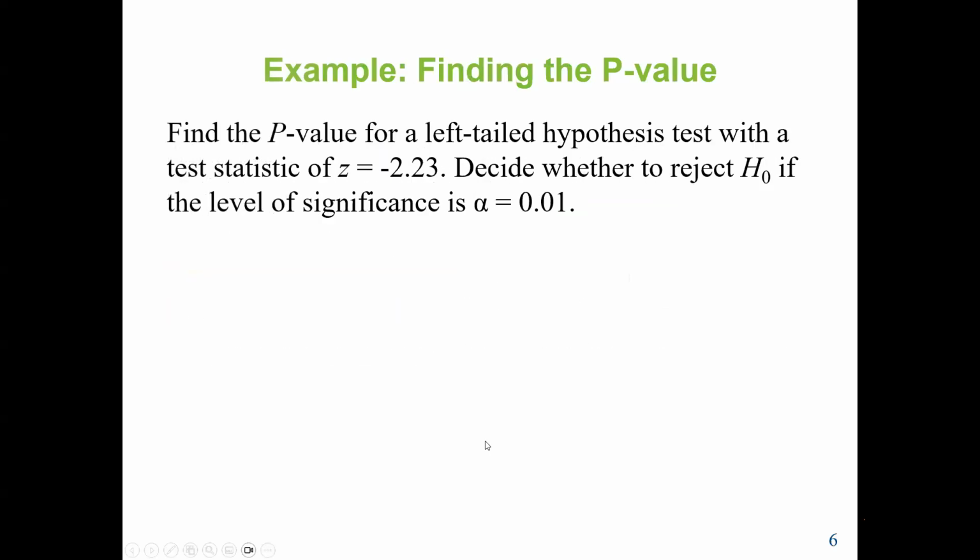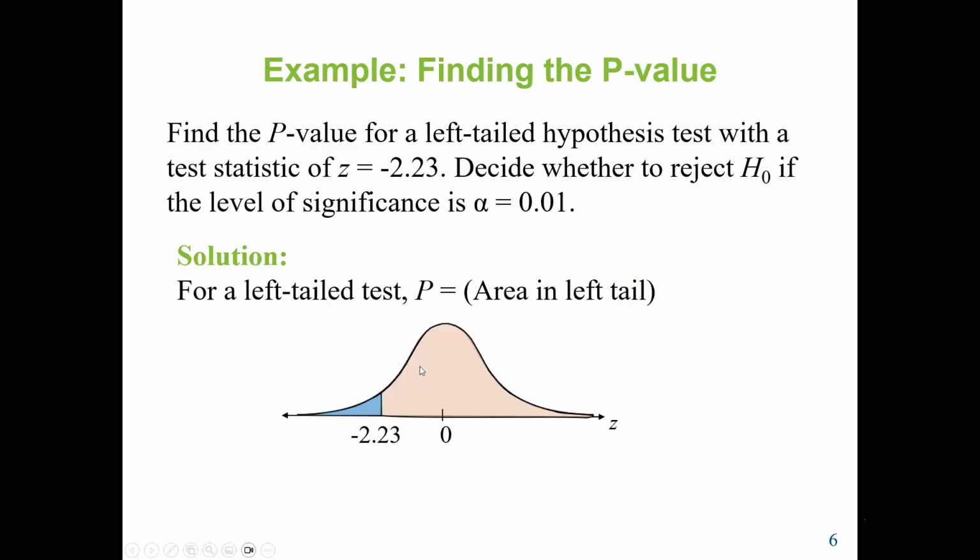So here they say we should find the p-value for a left-tail hypothesis test with a test statistic of z equal to negative 2.23. Also, we should decide whether to reject H0 if the level of significance is alpha equal to 0.01. Here they give us the z value, so we just have to go and look up the p-value.